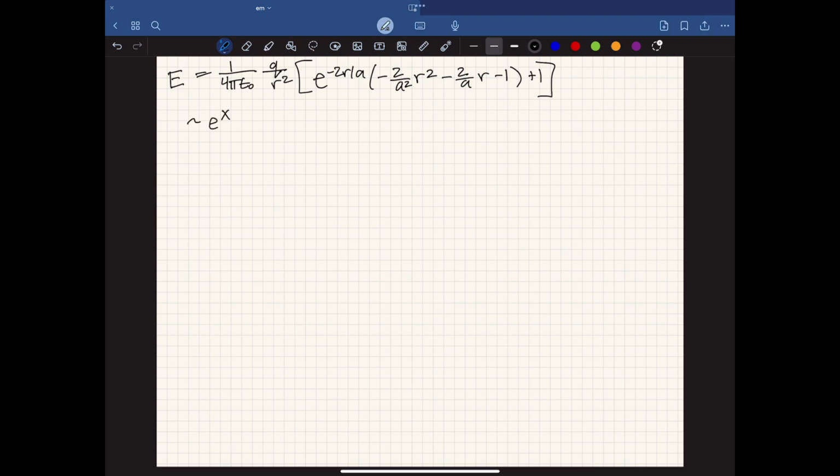We use this expansion, e to the x equals 1 plus x plus x squared over 2 factorial plus x cubed over 3 factorial, and so on.